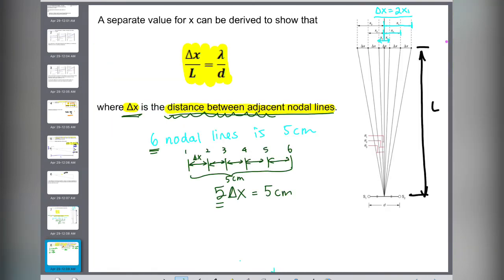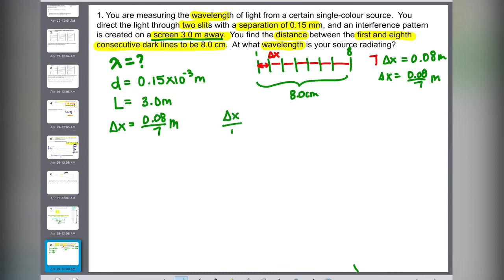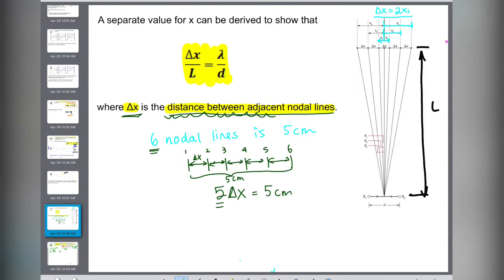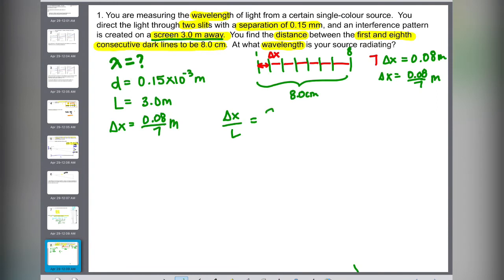Delta x over L equals lambda over D. Okay, delta x, sorry I didn't divide it, so I'm just going to leave it in the bracket, divided by L is equal to lambda over D. All right, so cross multiply.